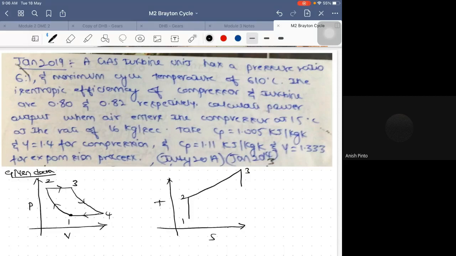Later on, from 3 to 4, it expands isentropically, keeping the entropy constant, and it comes back to the original position by rejecting heat isobarically again. Okay, so this is the diagram. PV and TS diagram immediately have to draw. Good.